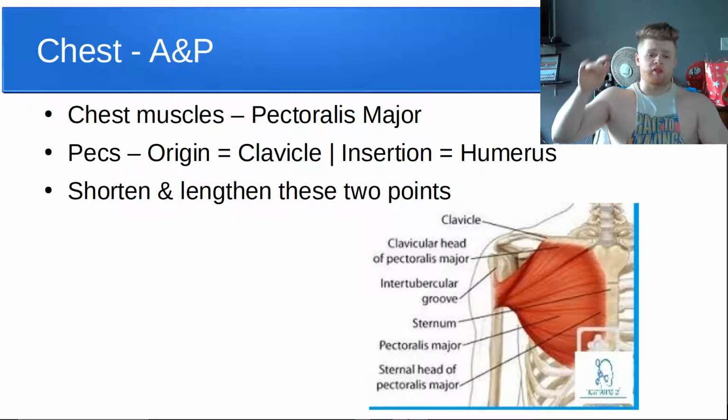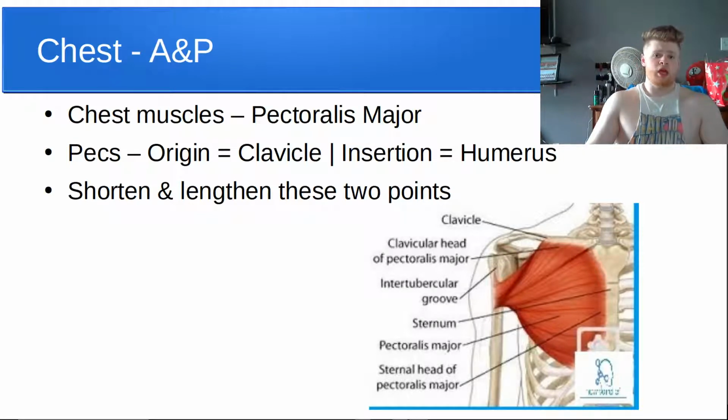Now, in order for these muscles, the chest muscles, to properly be stimulated, not just the chest muscles, but all muscles, two things need to happen to the muscle. The muscle needs to be shortened and it needs to be lengthened, which will cause the muscle to contract when it's shortened, and it will cause it to stretch when it's lengthened, okay?